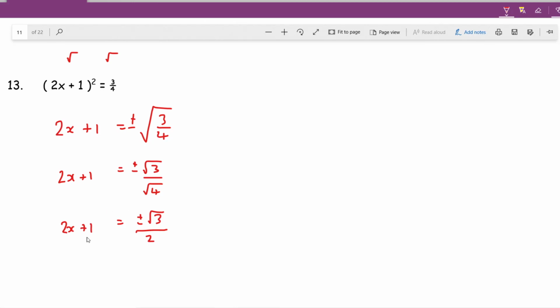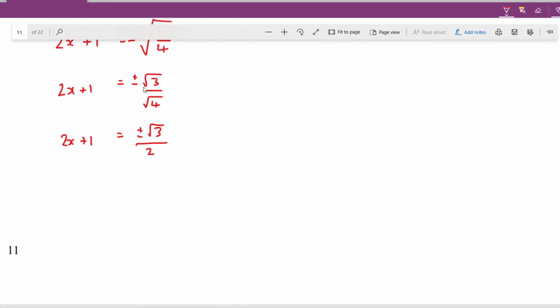Now you can take the plus 1 to the other side by minusing it, so you end up with 2x equals minus 1 plus or minus root 3 over 2, and then you can take the 2 over by halving everything, so half of minus 1 is minus 1 over 2, plus or minus, and half of a half is a quarter, so minus root 3 over 4.